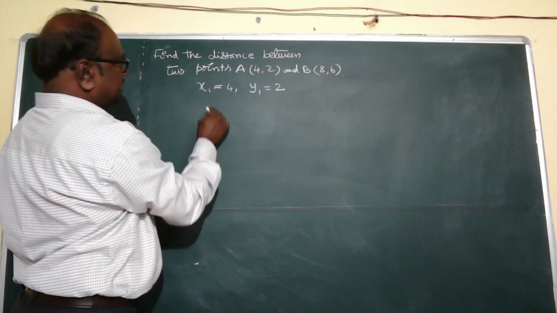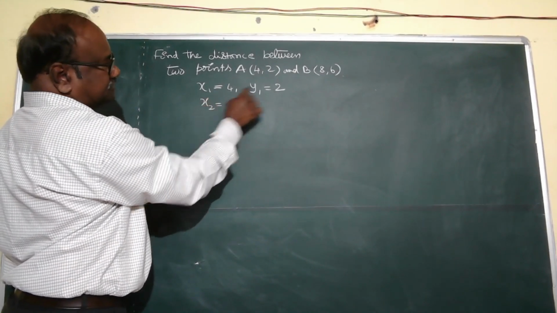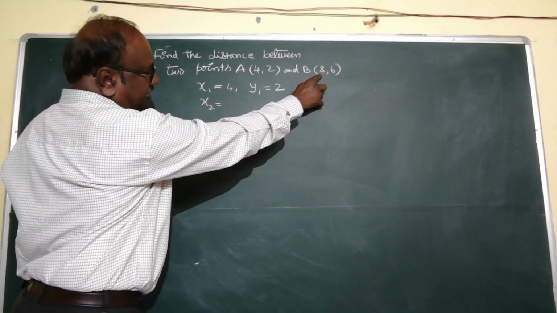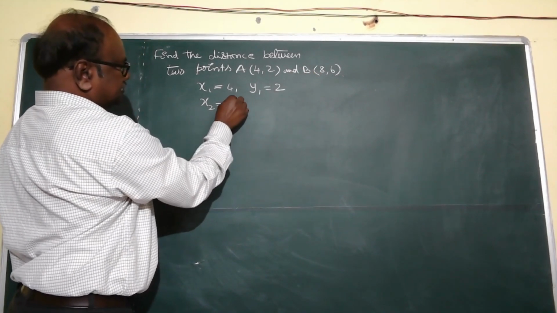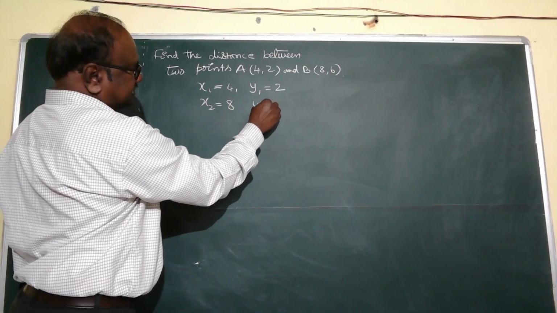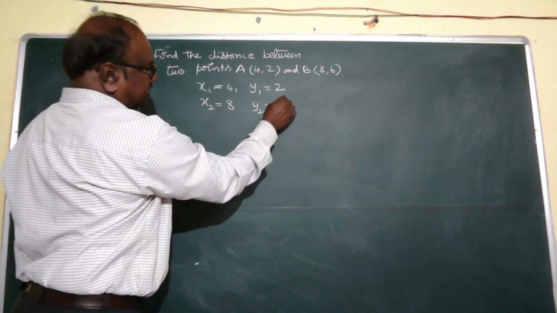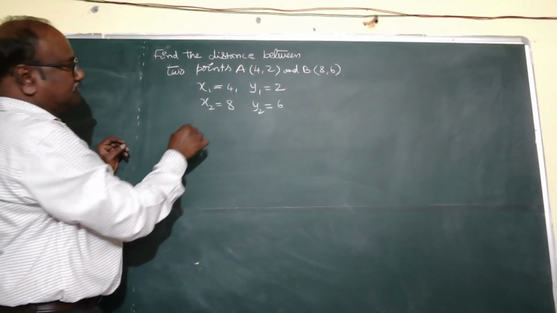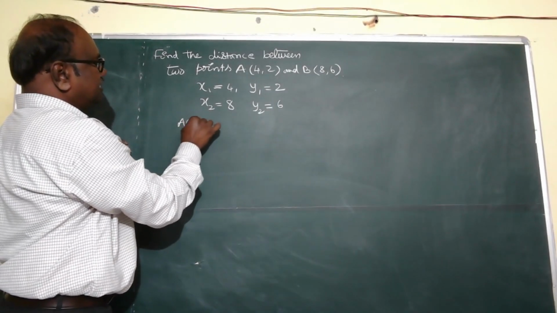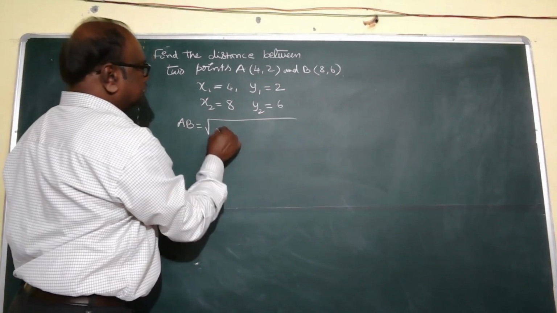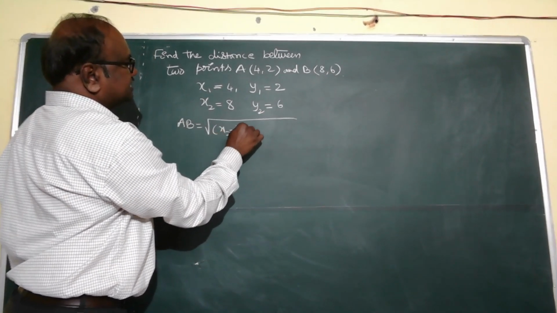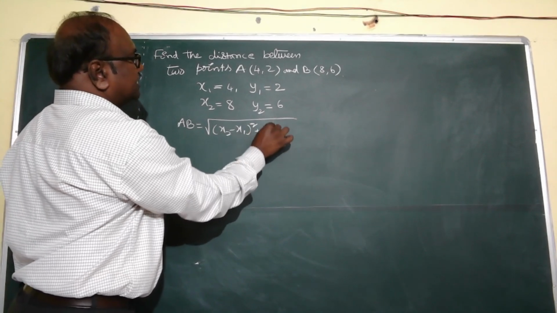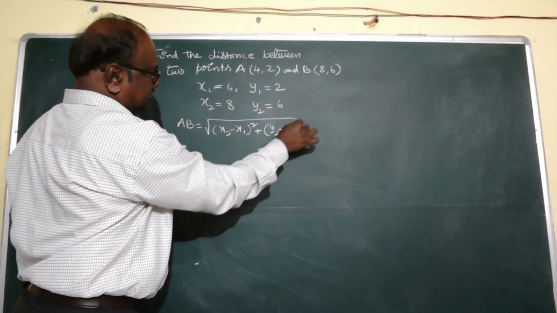Second is x2, the x coordinate of the second point, 8, and y2, the y coordinate of the second point, 6. Now we know the formula. AB is equal to under root (x2 minus x1) whole square plus (y2 minus y1) whole square.